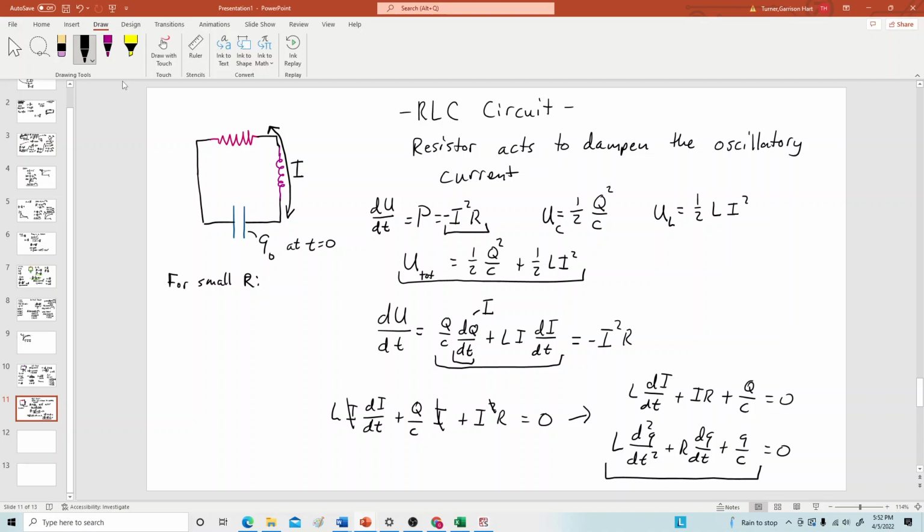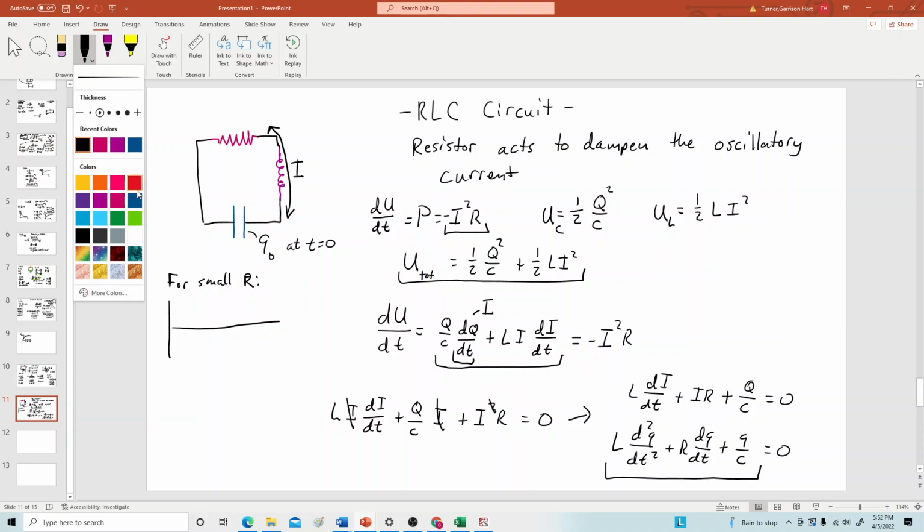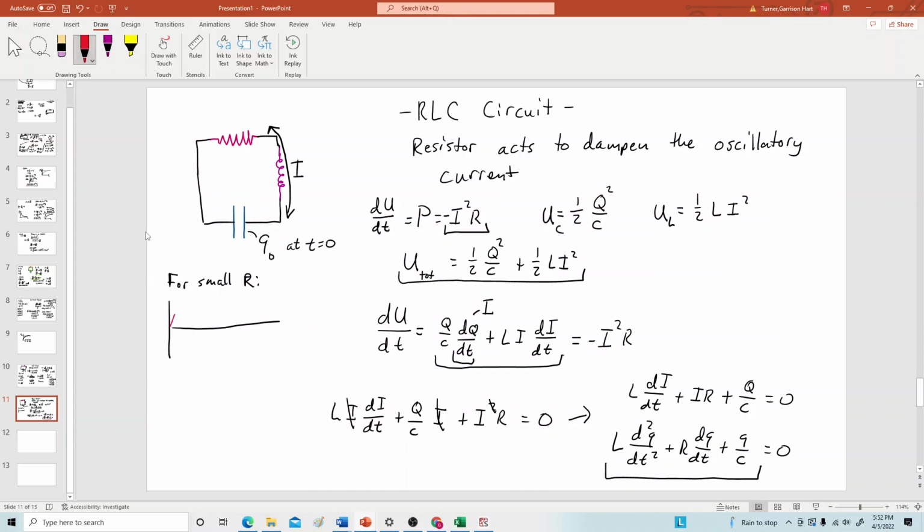for small r, if my current is supposed to be oscillatory, what I'm about to draw would be the current without the R term.